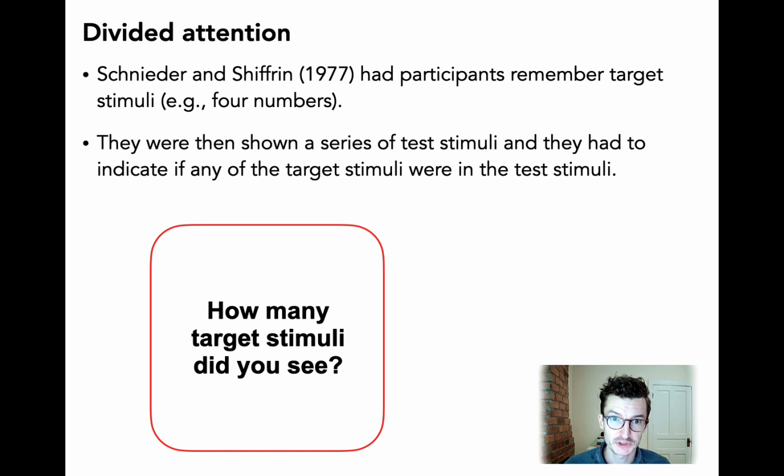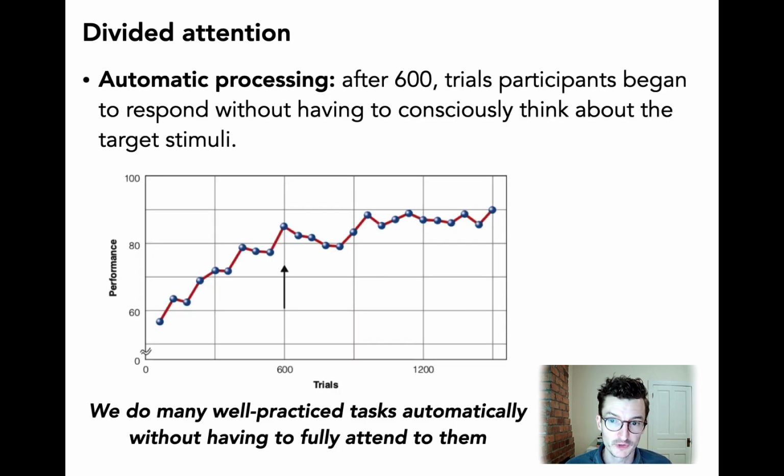And what Schneider and Shiffrin found was that people are pretty bad at this at first. So they're only at about 60% correct at first. But if you do this task over and over and over again, your behavior becomes somewhat automatic.